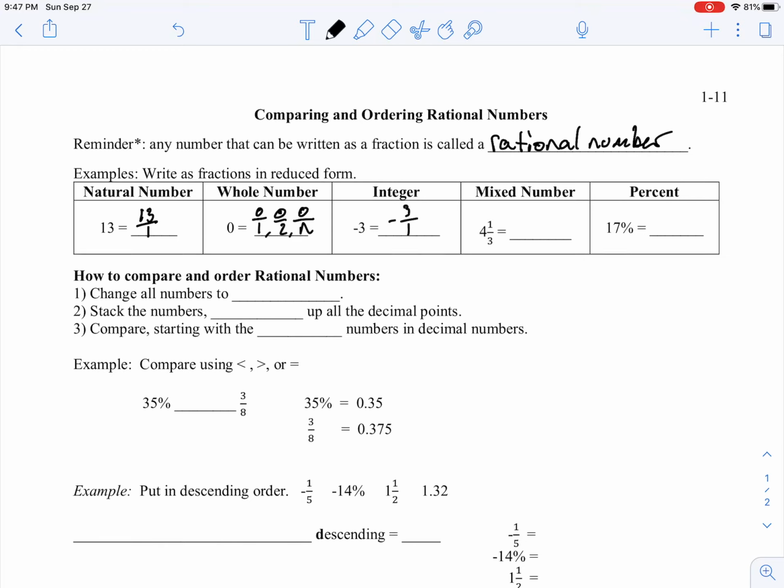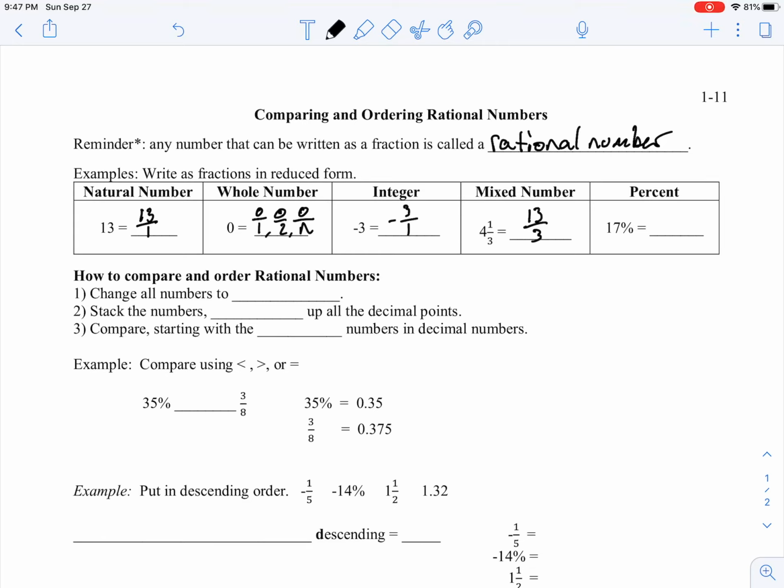Mixed number into improper fraction. If we remember, we multiply our large number by the denominator here. So 4 times 3 is 12. And don't forget to add that extra 1 that we have up top. So 12 plus 1 is going to give us 13 thirds.